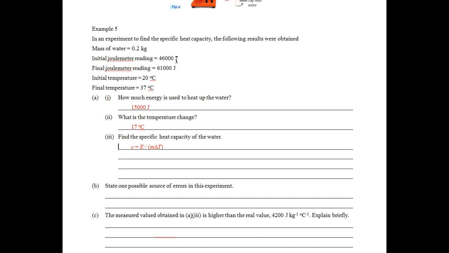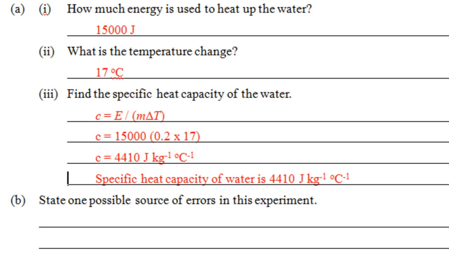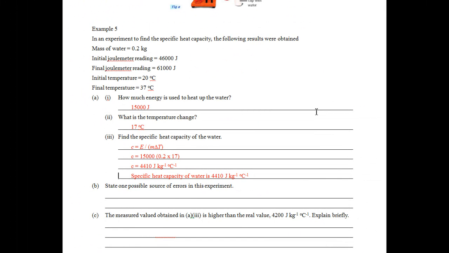Delta T is the temperature change, and we found it in A2. After we put all the values into the equation, we can get the specific heat capacity of the water. And the answer is 4,410 J per kg per degree Celsius.